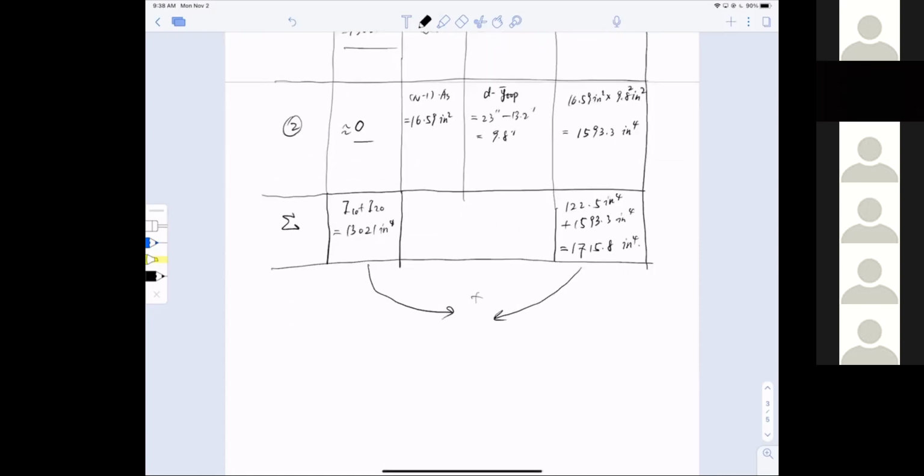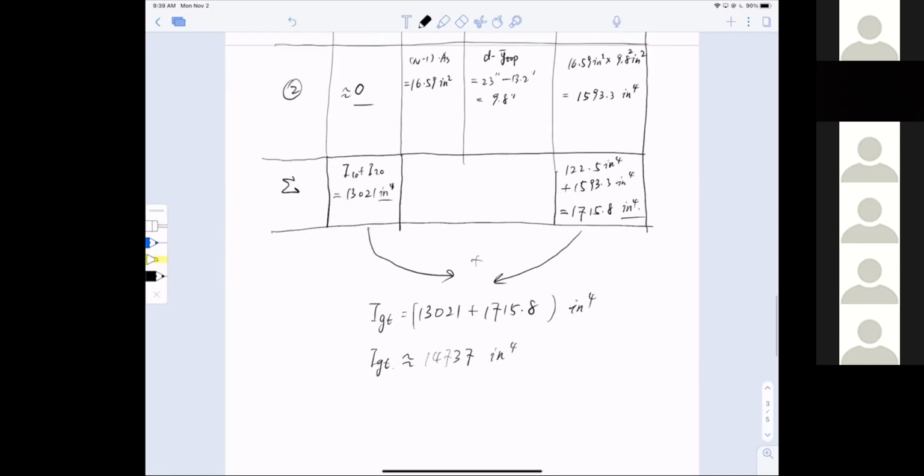What did I get? Total IGT equals 13021 plus 1715.8, and you notice the unit matches, inch to the power 4. This is approximately equal to 14737 inch to the power 4.